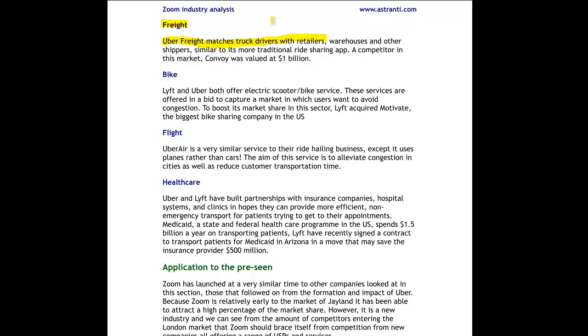Another service that's offered by ride-sharing companies is bikes. Lyft and Uber both offer electric scooter and bike services. Basically, these are a way for ride-sharing companies to cover what's called the last mile.